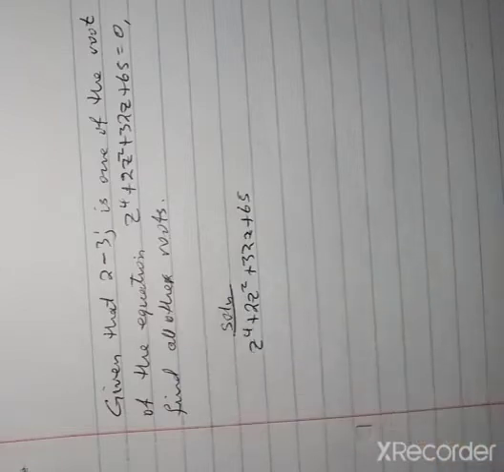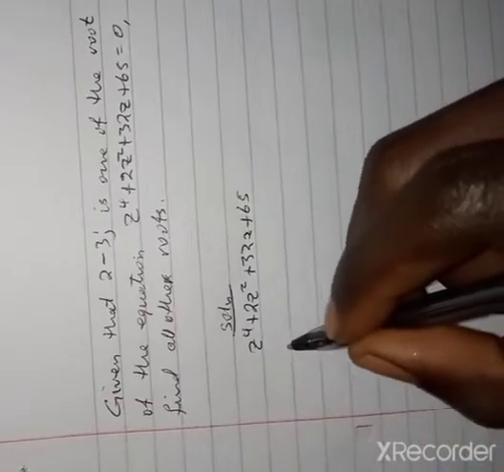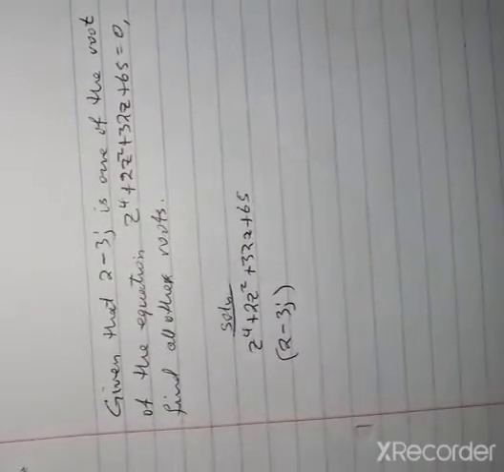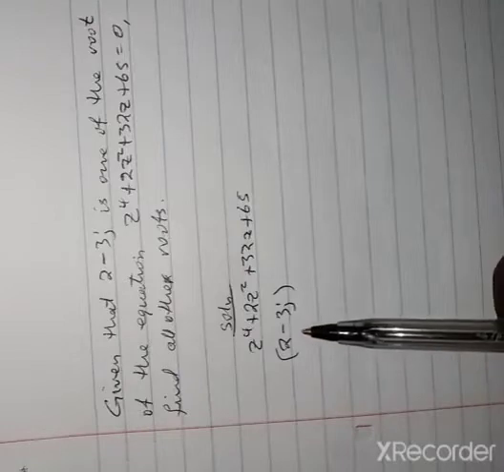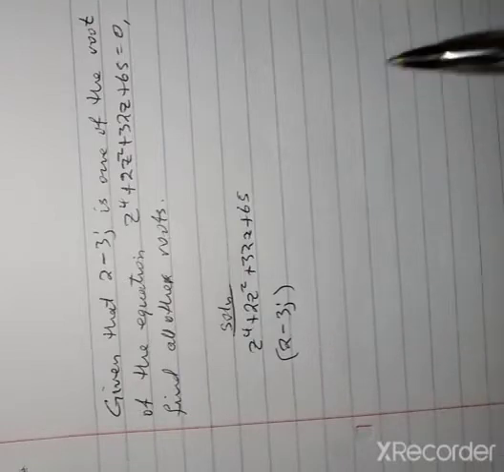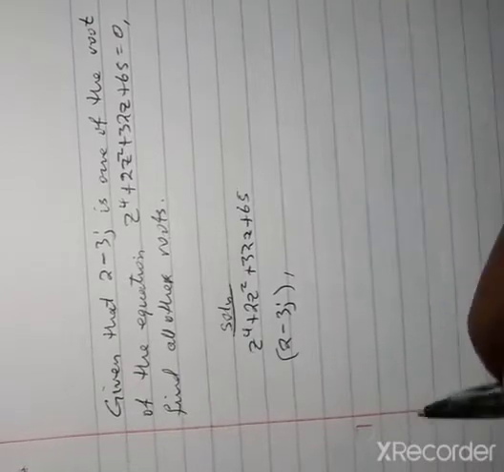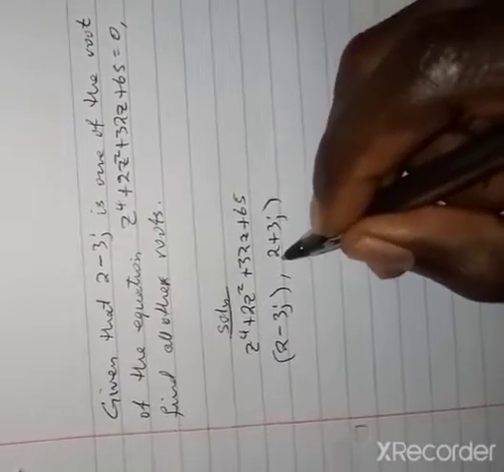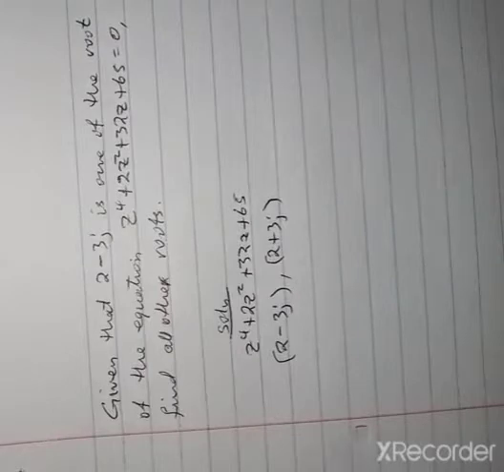So we have one of the roots, which is 2 minus 3j. So that means the conjugate of this root is also a root to our equation. So the conjugate of 2 minus 3j is 2 plus 3j, which is also a root.